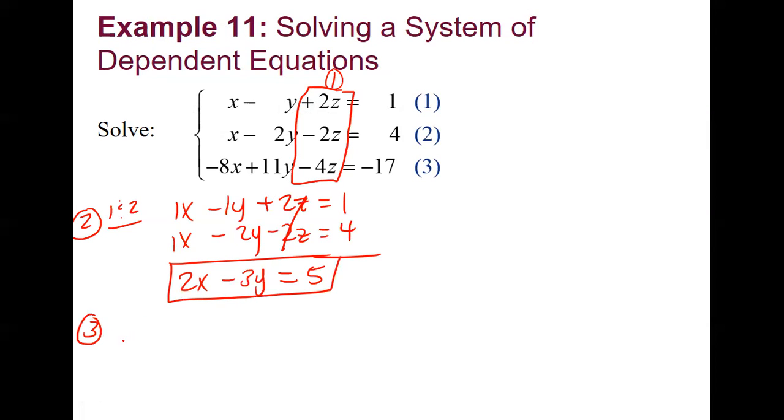Now we're going to find our second 2 variable equation. So which 2 equations should we use? Good job. 2 and 3. Well, it doesn't matter really. You could have done 1 and 2, or 1 and 3. So if I do 2 and 3, what's going to have to change?